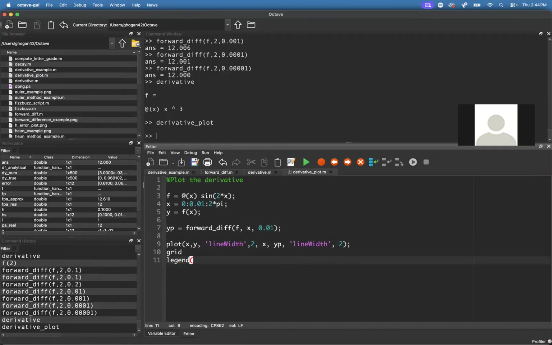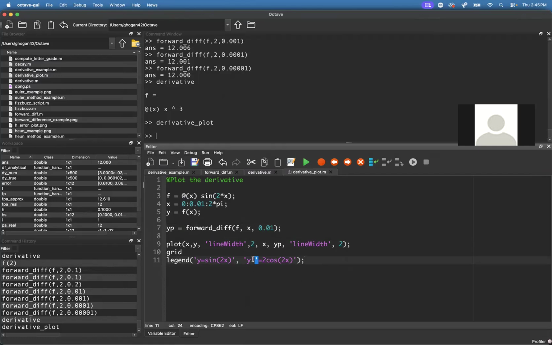of y equals sine 2x. And the other function is the y prime, right? But what's y prime? I think y prime would be 2 cosine 2x. Would that be right?